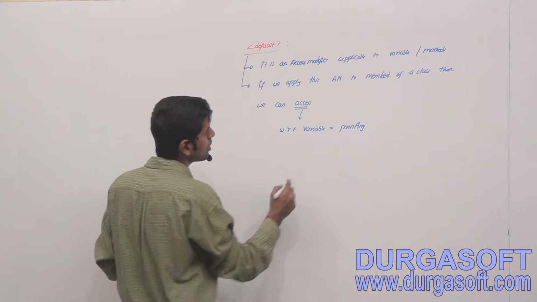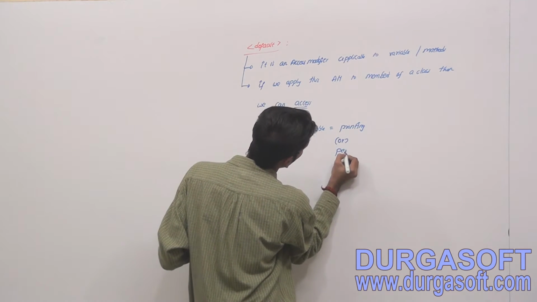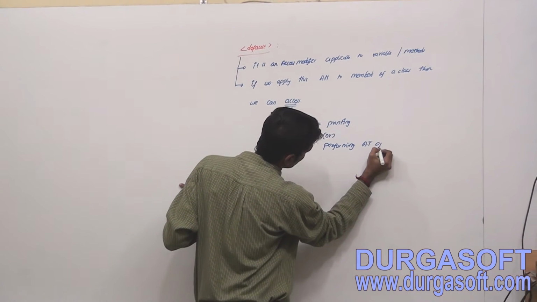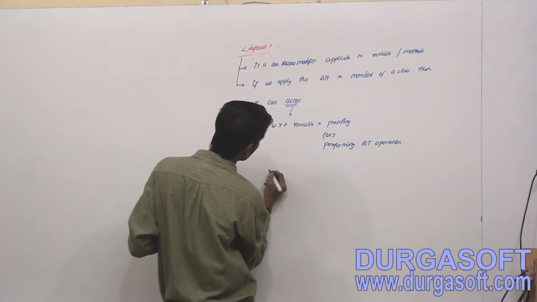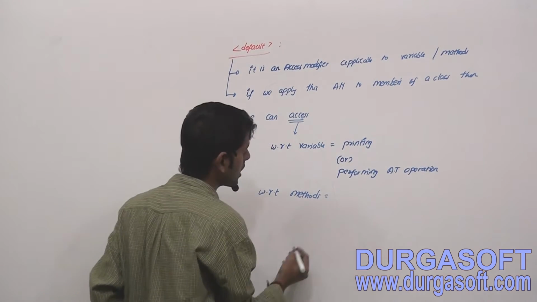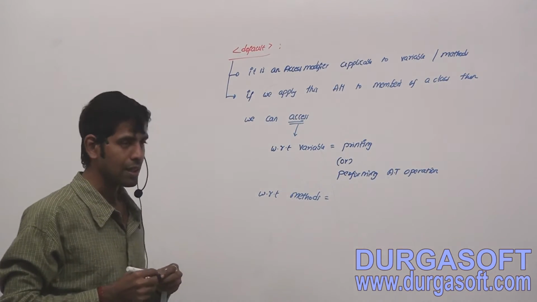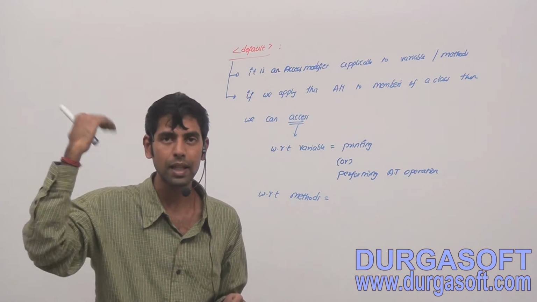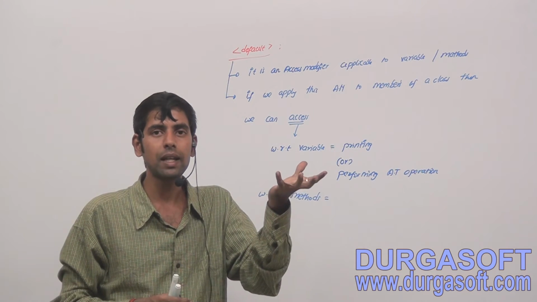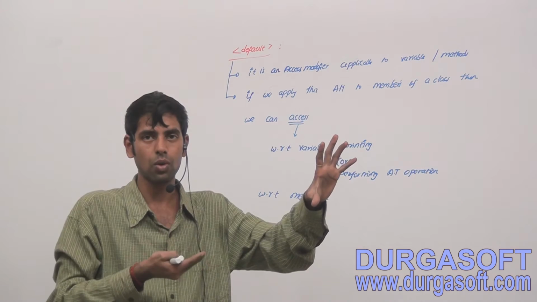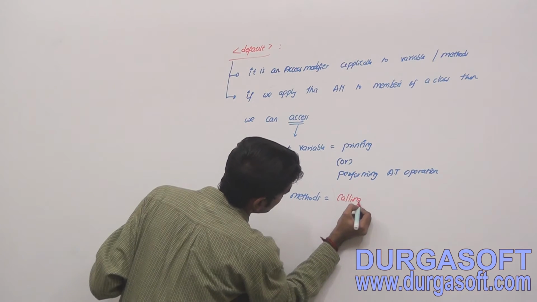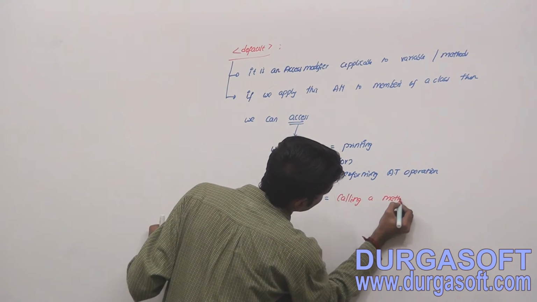And with respect to methods, access means just calling a method, or reusing the implementation of a particular method in our code. That is, calling a method.